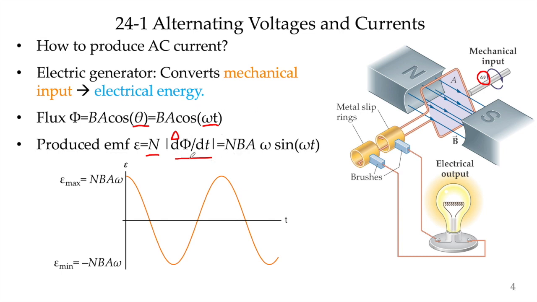And basically the derivative of this with respect to time will give you a sine. Well, it actually gives you a negative sign, but I'm considering the absolute value here. So it's going to give you sine, and if you use the chain rule, it's going to give you also omega. So this is the voltage that's created here.